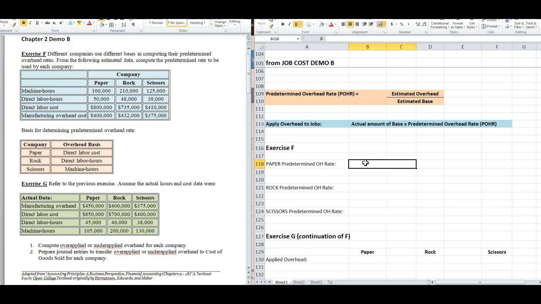The first company is paper. We're going to take their estimated overhead, and we're going to divide it by an estimated base. What is paper's base? According to the problem, paper uses direct labor cost as the base. So I want estimated direct labor cost as my base.